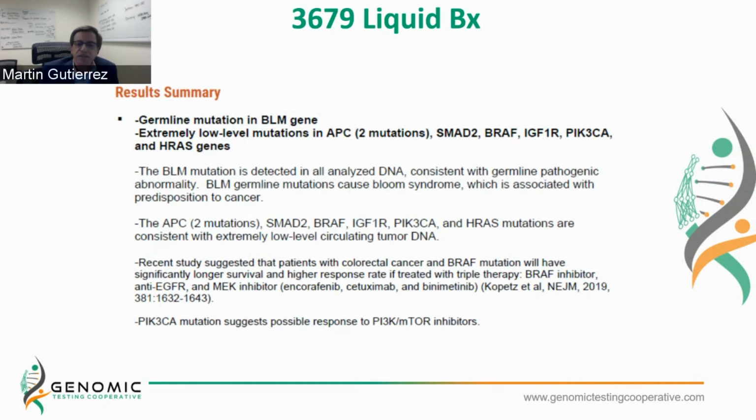From the rectal cancer point of view, the two things that are very important for us in these results are the APC, as one of the original changes very early on in the oncogenic process of colon cancer, and the second is the BRAF mutation, which, as you pointed out in one of your bullets just before the last one, identifies a subset of patients with colorectal cancer that could have a poor prognosis.